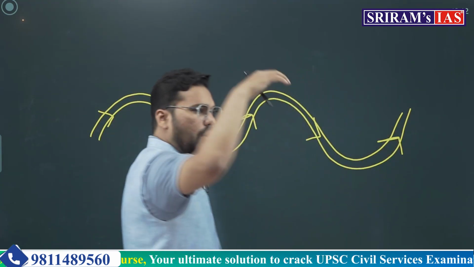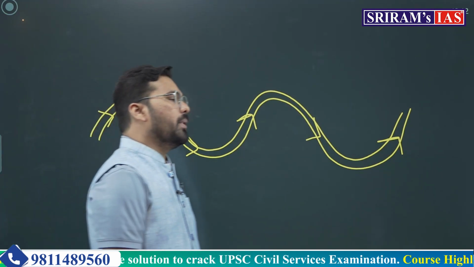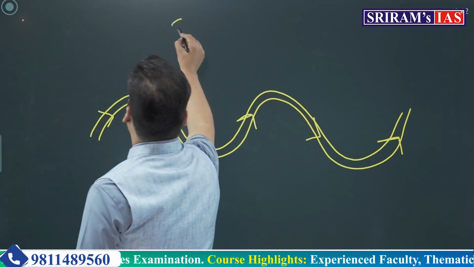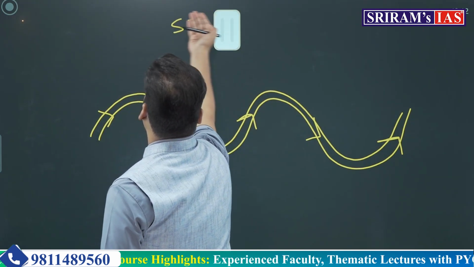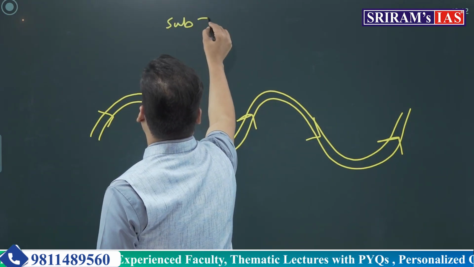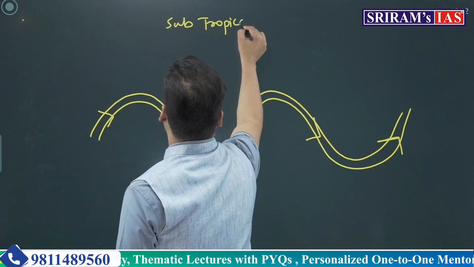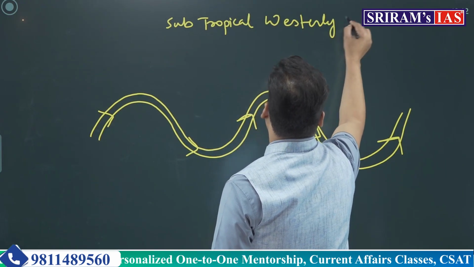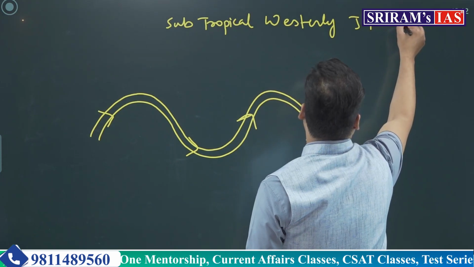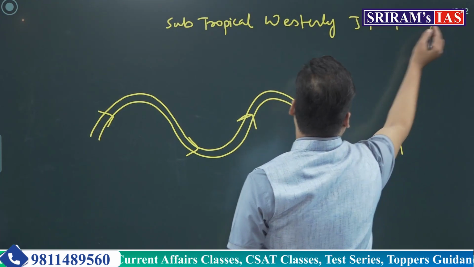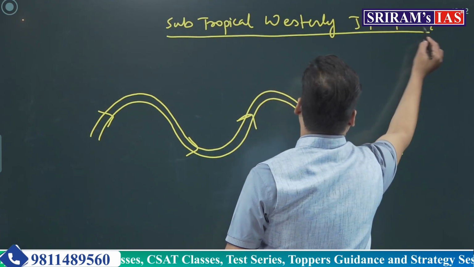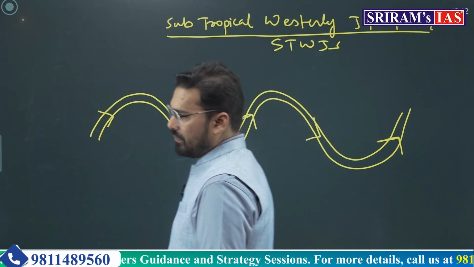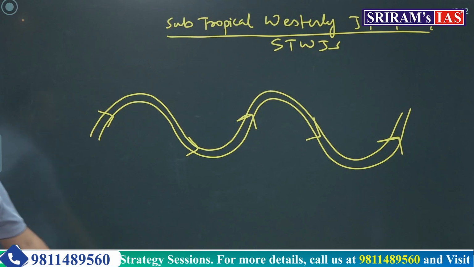Suppose in India right now, above Delhi, there would be a jet stream. It is called the subtropical westerly jet stream, STWJS. Now there is a law.